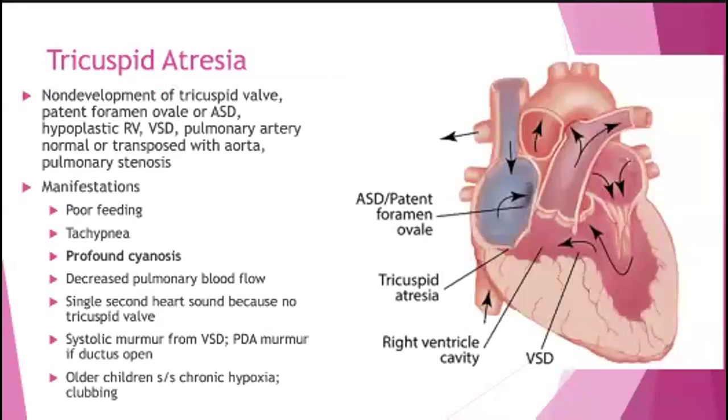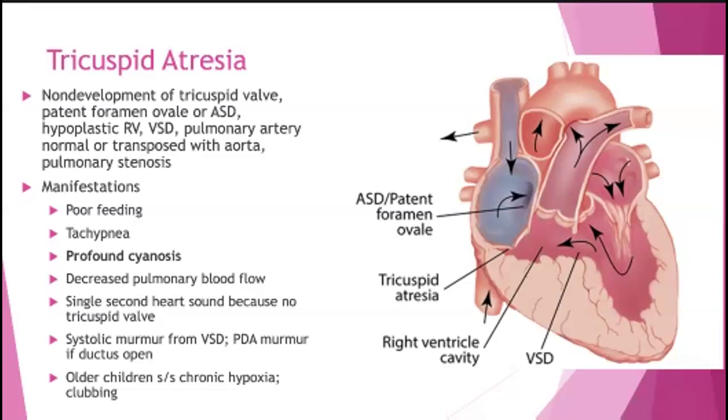Tricuspid atresia. Tricuspid atresia means that the tricuspid valve, which would be your valve between your right atrium and right ventricle, did not develop. Because there's no opening, blood cannot go from the right atrium to the right ventricle, and with this, the right ventricle is often very small and hypoplastic. So the pathophysiology: blood returning from the body enters the right atrium, but cannot go to the right ventricle.